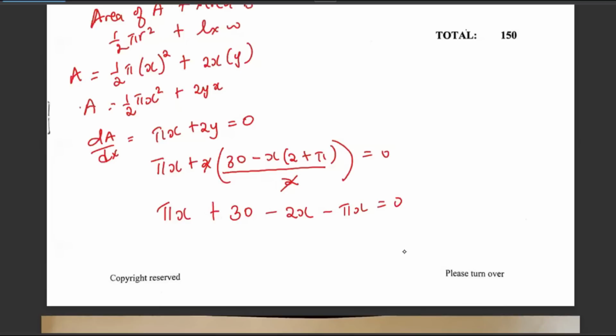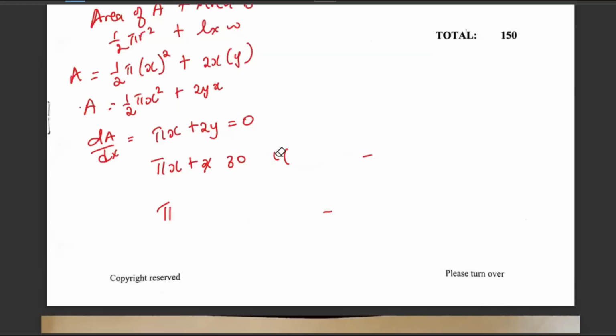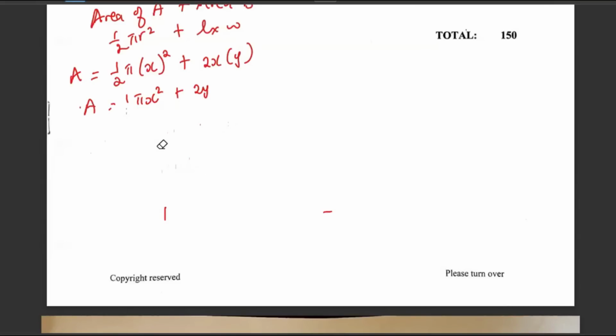Pi x and pi x are canceling out, which means there is something that I might have omitted, because they're telling us we must leave our answer in terms of pi. So if that is the case, then I have to go back before I find the derivative. I just need to do the substitution.